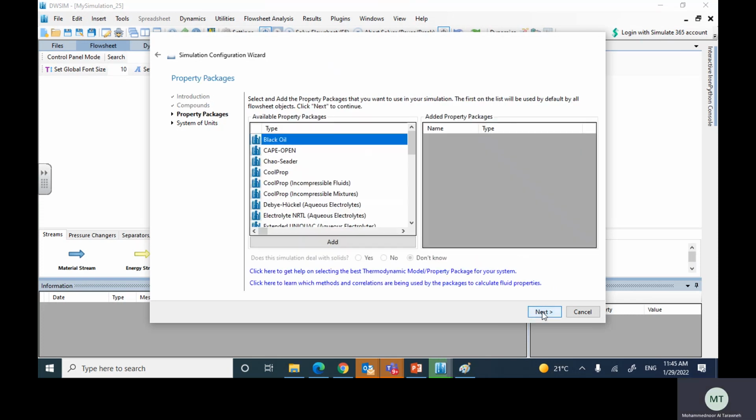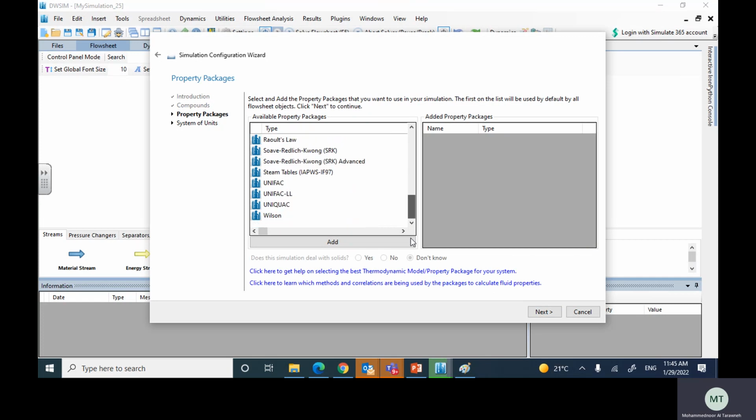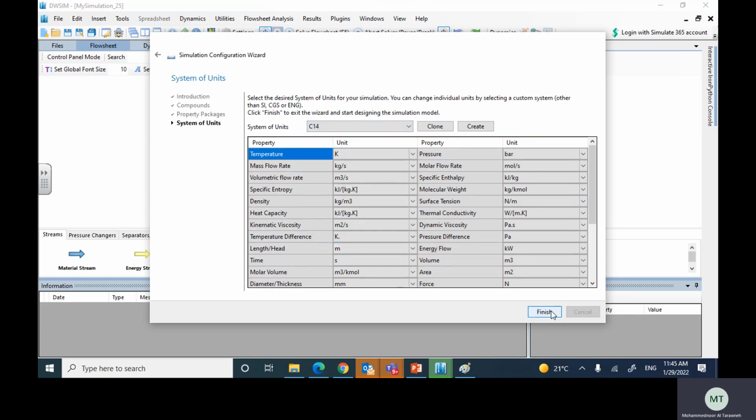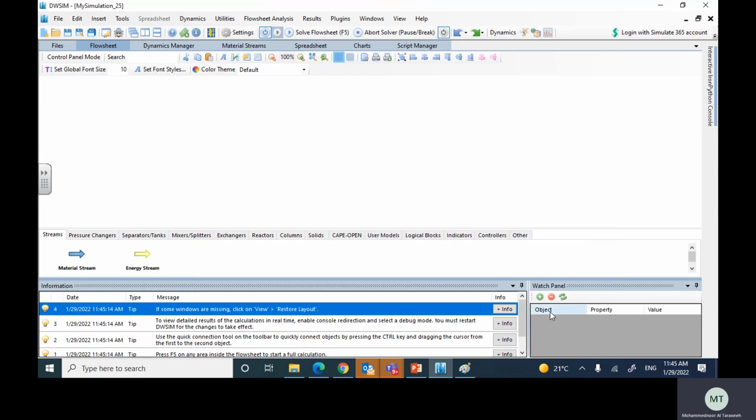Okay, click next. The thermodynamic package again is SRK. Click add, then next. The system of units should be, for example, C14, and then click finish.